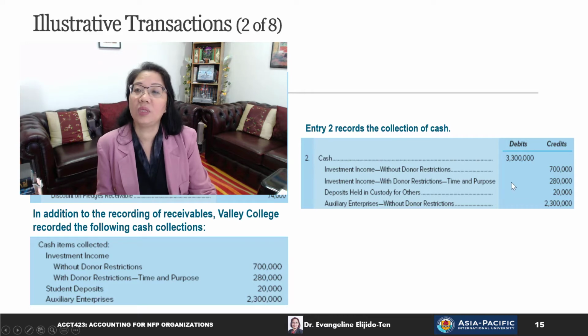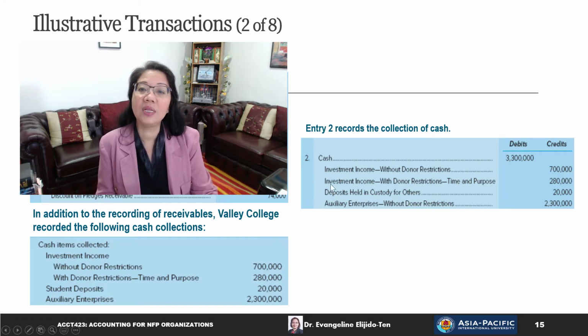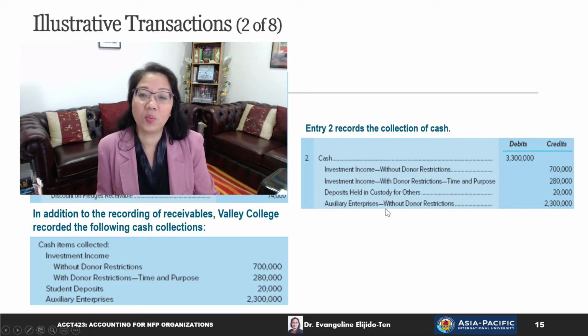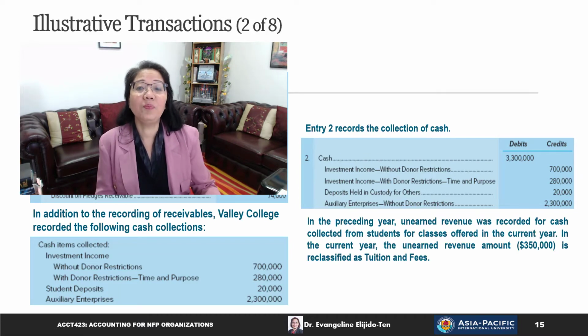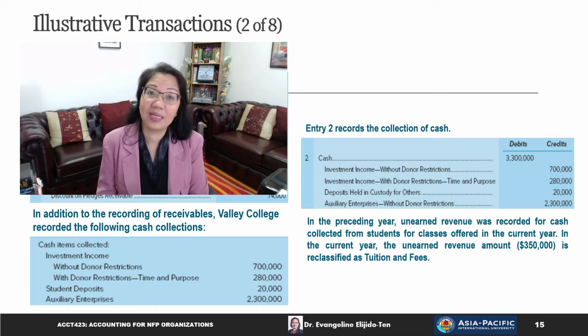The total of this is $3.3 million, and we will be crediting investment income without donor restrictions for $700,000, investment income with donor restrictions, time and purpose for $280,000, deposits held in custody for others $20,000, and auxiliary enterprises without donor restrictions will be credited for $2,300,000.